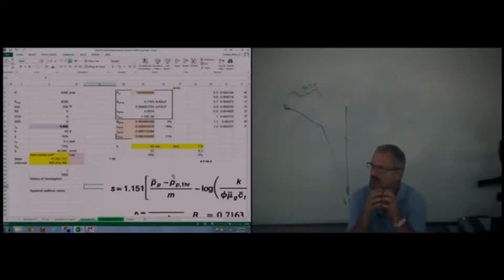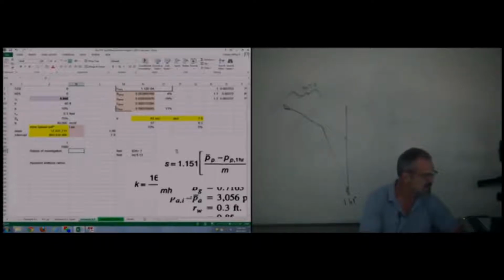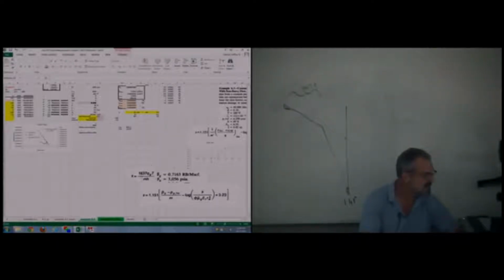Always, no matter what the textbook asks us to do, we want to examine these data sets as fully as possible. So we have a radius of investigation, and I think that should be around here somewhere. We're done with skin, we're done with this data.